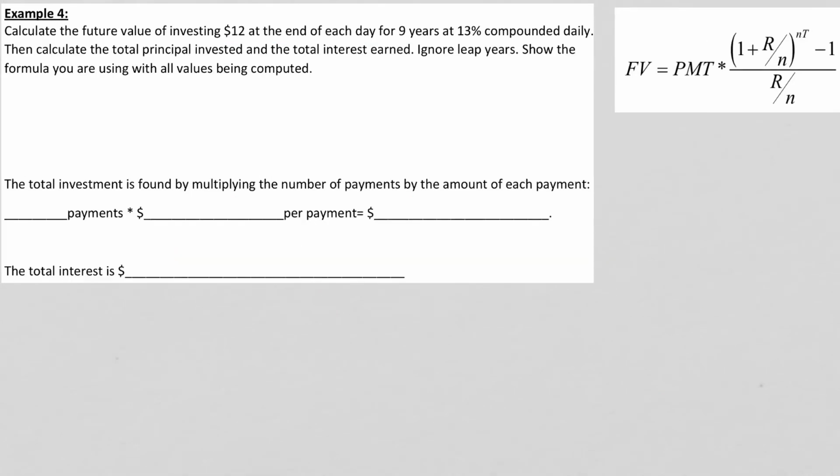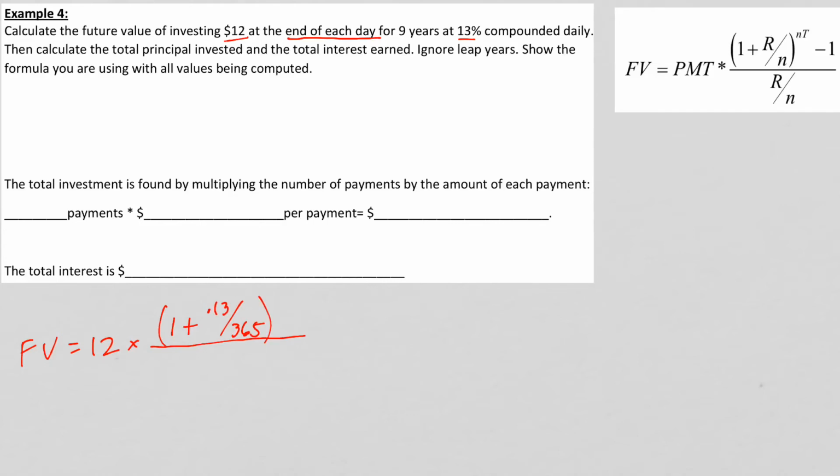All right, example 4, we're making payments at the end of each day. So this is an ordinary annuity. To calculate the future value, we're going to say that this is equal to the size of the payment, $12 in this case. They're saving some money every day. 1 plus a rate, which is 13%, over 365, since we're compounding daily.